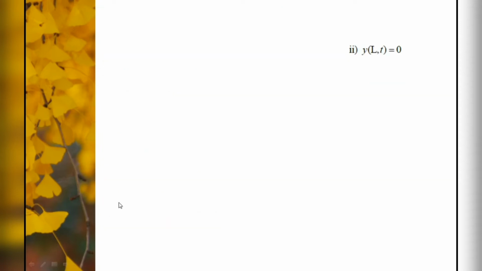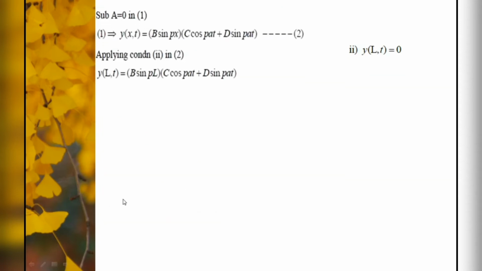If we substitute a equal to 0 in our equation 1, we get y of x comma t equal to b into sin px into c cos pat plus d sin pat. Now, let us apply the second boundary condition in our equation number 2. That is y of L comma t equal to 0.